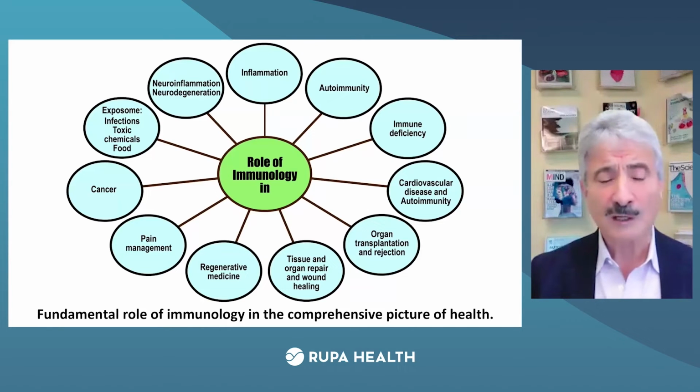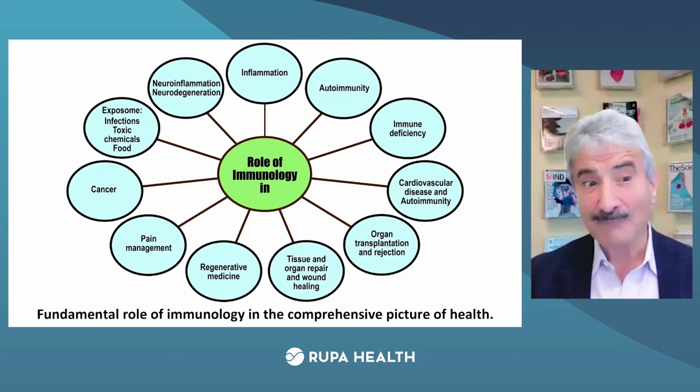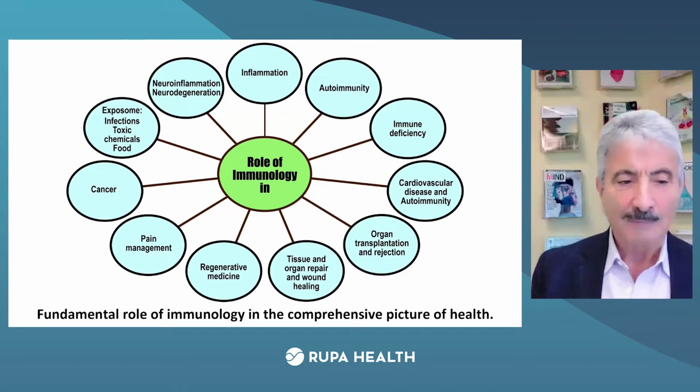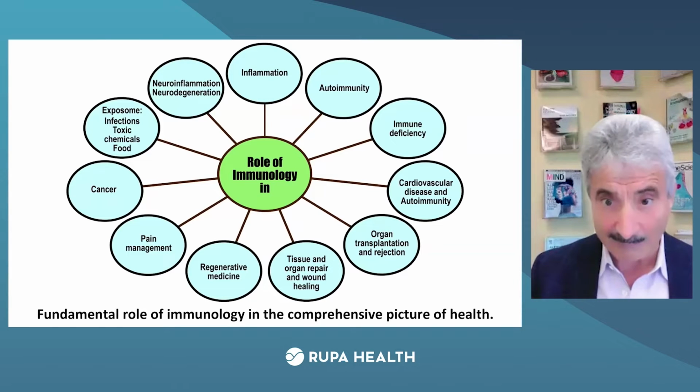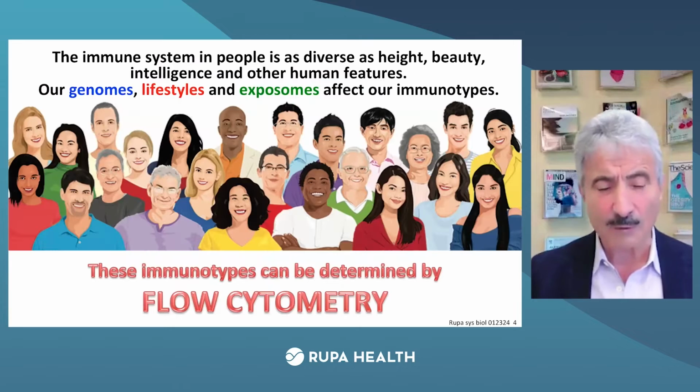And of course, because exposome factors affect the immune system, which may result in some of these disorders, I'm emphasizing the role of food, toxic chemicals, and pathogens in some of these immune disorders.